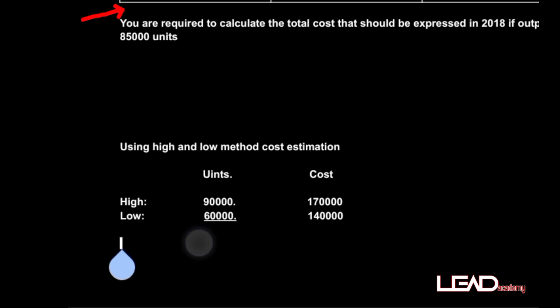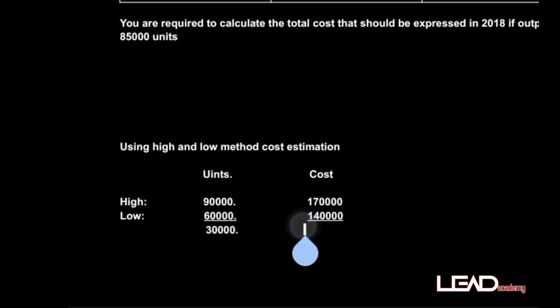$140,000. The next thing you do is subtract the lowest unit from the highest unit, which is 90,000 minus 60,000, and you subtract the cost of the lowest unit, $140,000, from the cost of the highest unit, $170,000.